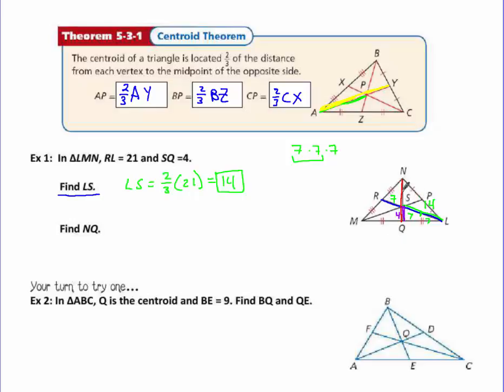Well, if we go with our same pattern that we had here, that this little piece is 1/3 and the big piece is 2/3, then that should make sense that this is 4 and this is 4. So NQ equals 12 because the distance from our centroid to our angle over here is 8 and this is already 4, so 8 plus 4 is 12.